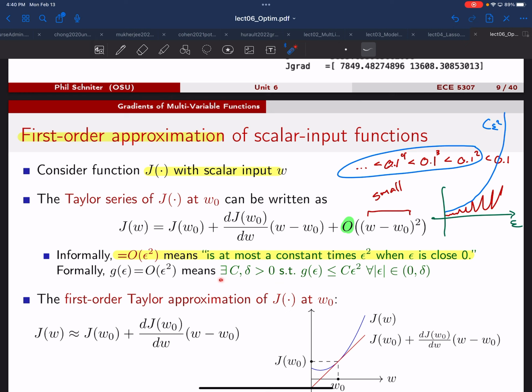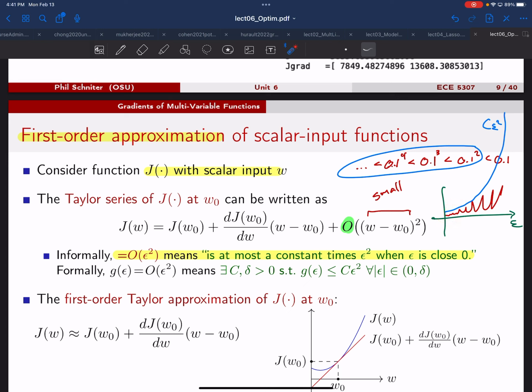You would say there exist positive constants c and delta such that the function you're analyzing, g of epsilon, is less than or equal to c times epsilon squared for all epsilon with absolute value between 0 and delta. So it's basically saying you can always find some delta such that, in this interval, your function g is always dominated by this scaled quadratic.